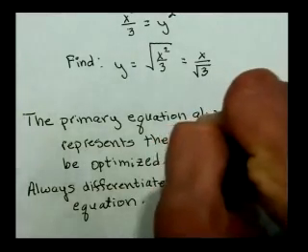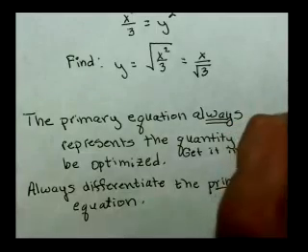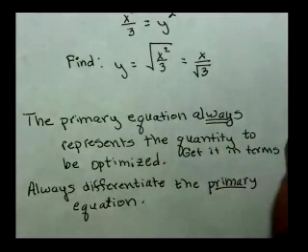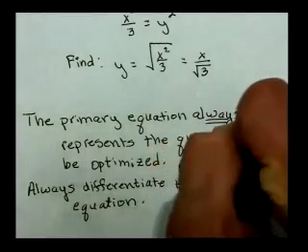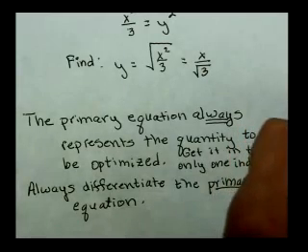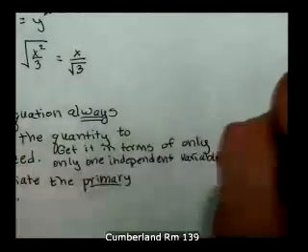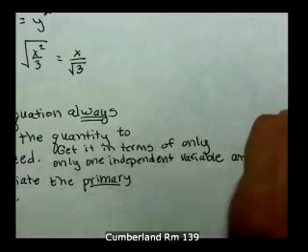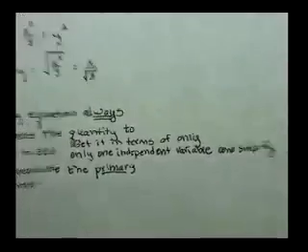Get it in terms of only one independent variable and simplify. Okay. In the second equation, we only need to get very simple one variable.